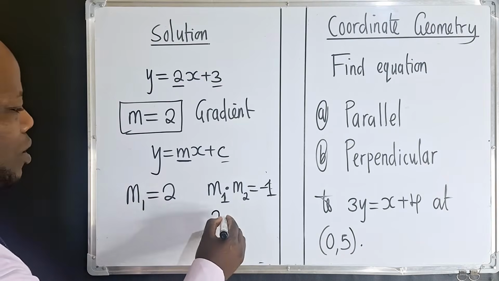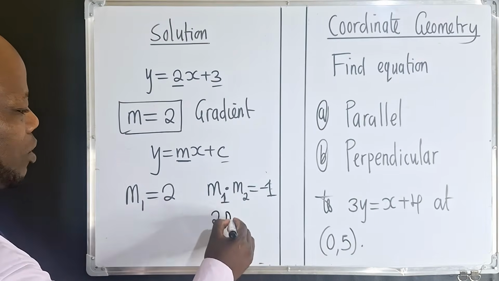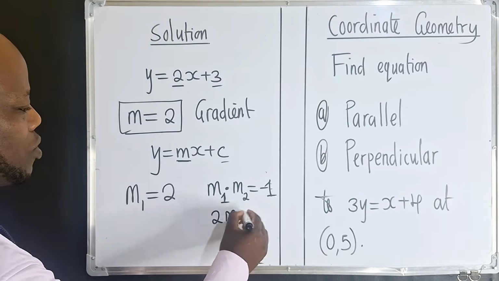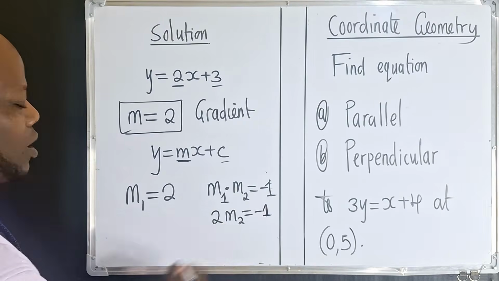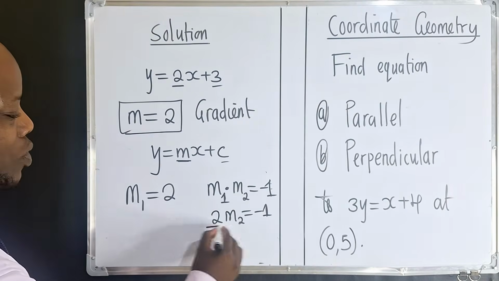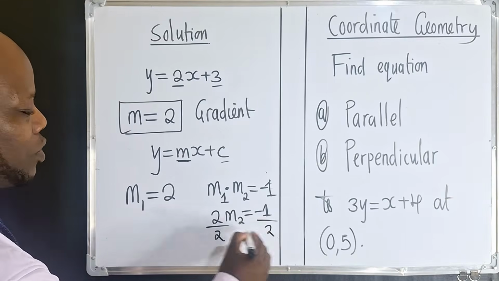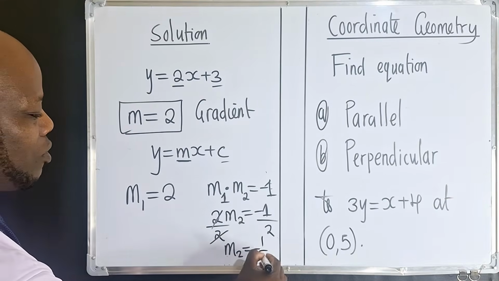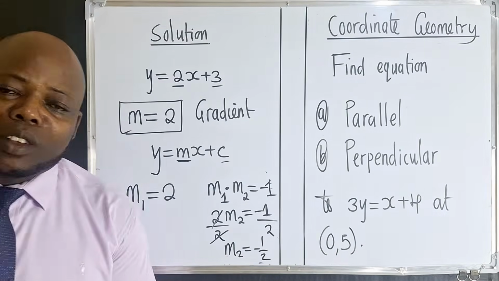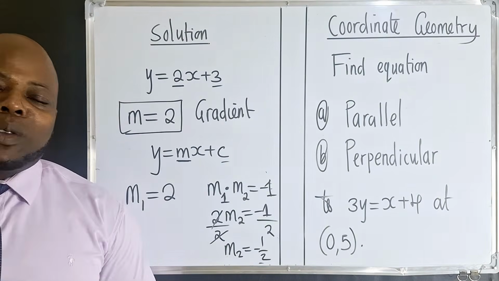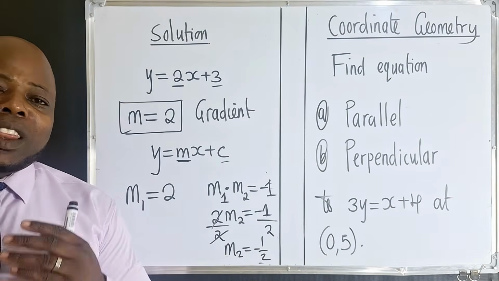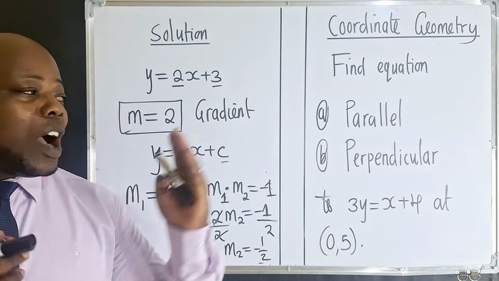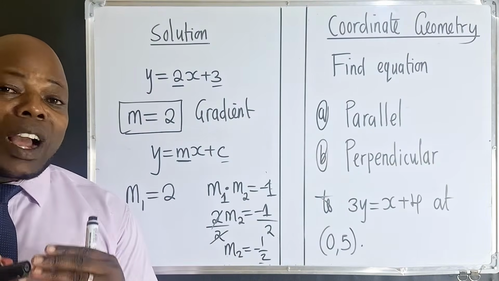It's 2, which is multiplied by M2 and supposed to give us negative 1. So to calculate M2, you divide both sides by 2. This and this will go. M2 is equal to negative 1 over 2. Just like that. So this is how we go about this. Hopefully you've gotten this idea of how parallel and perpendicular are done.